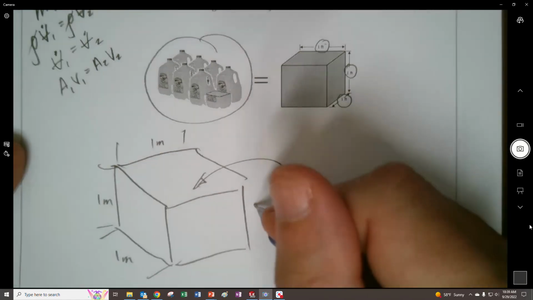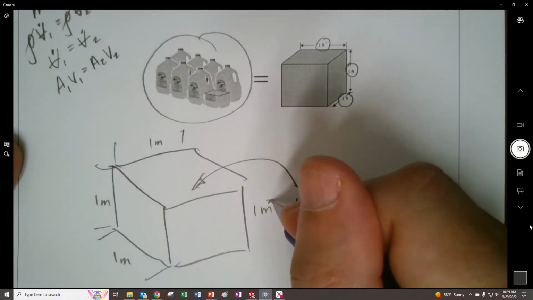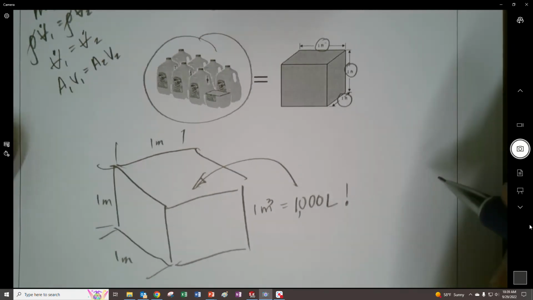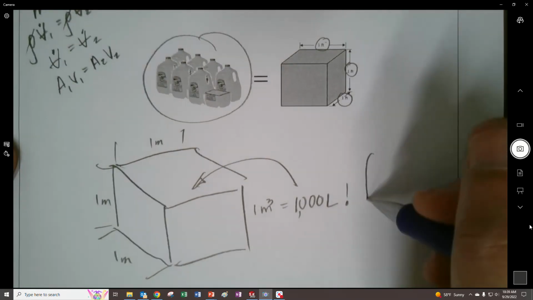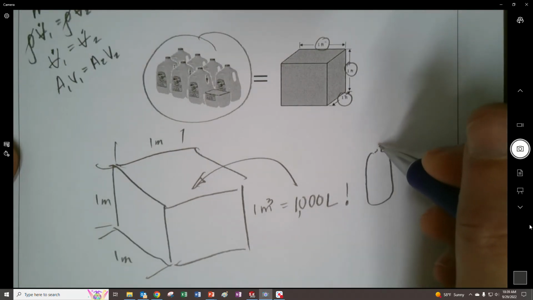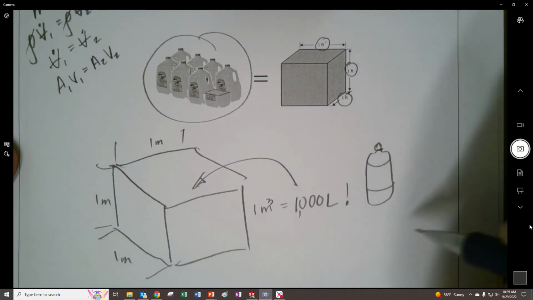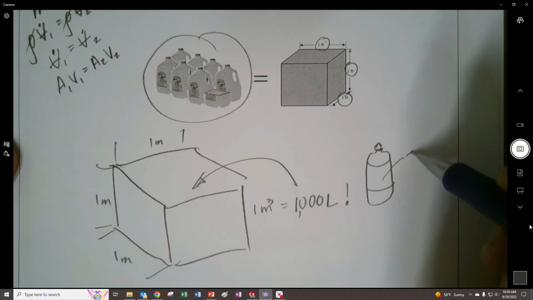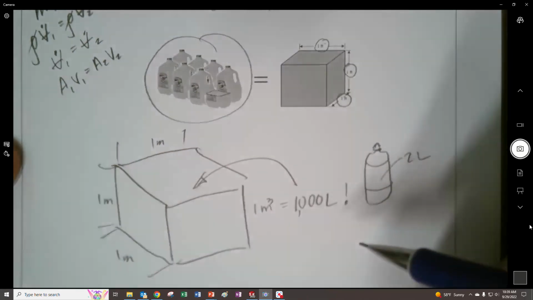So 1 cubic meter equals 1,000 liters. Maybe you could picture a 2 liter bottle of Pepsi, or your favorite beverage, and you could picture a 2 liter jug that you could put all of those in there.